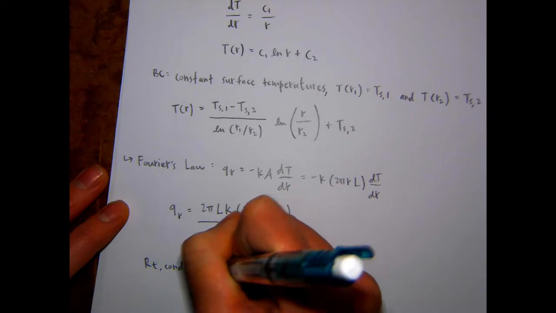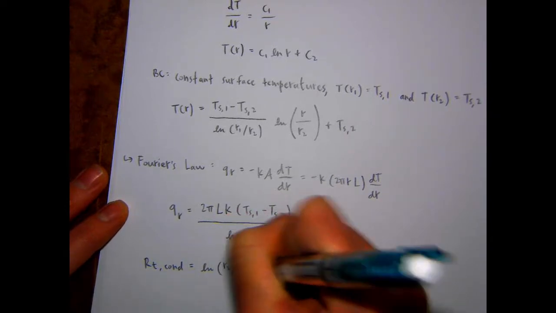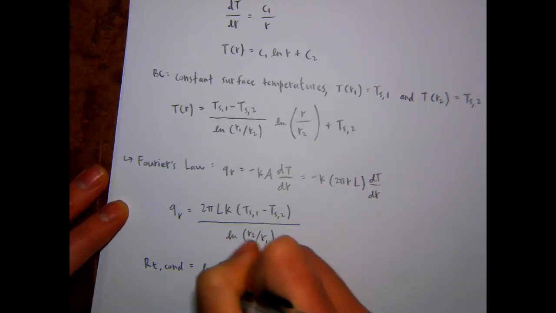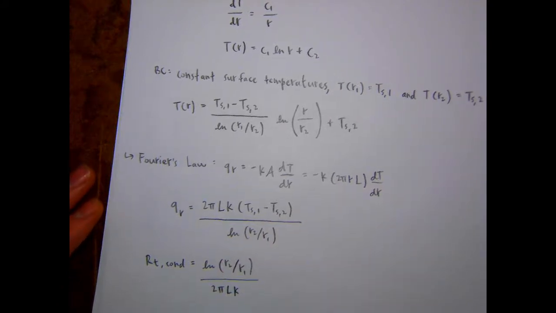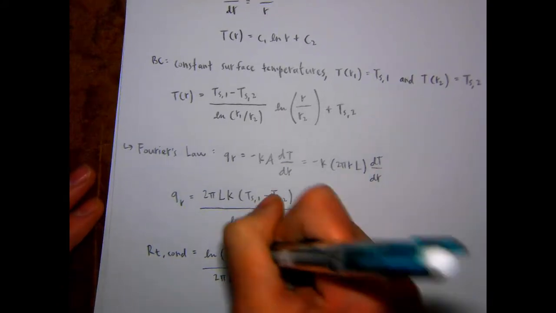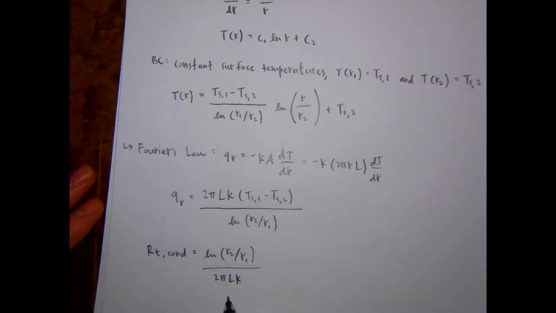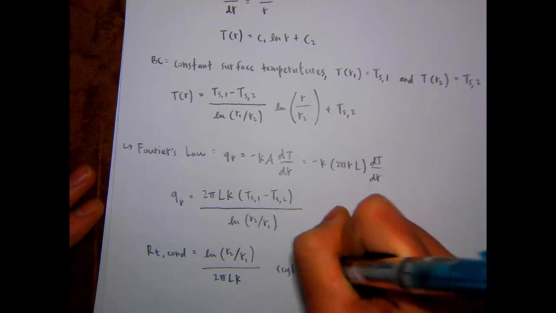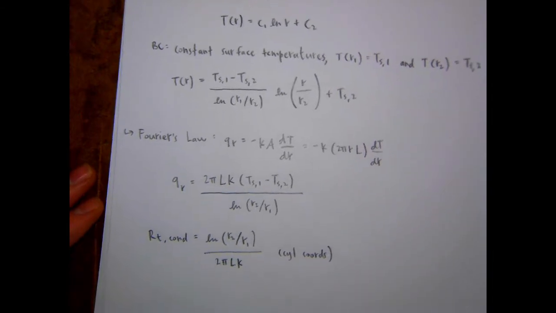So for conduction, it's the natural log of R2 divided by R1 over 2 pi times the length times k, in cylindrical coordinates.